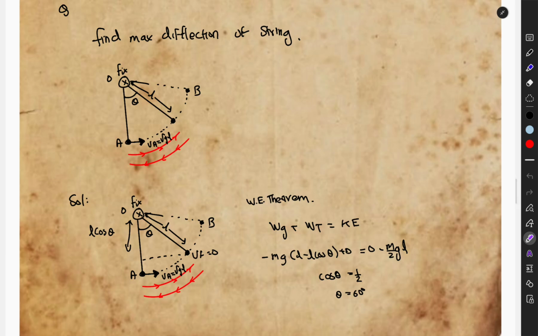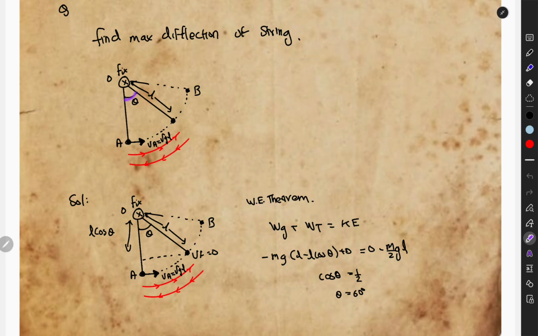And we also need to find the maximum deflection of the string. Let's say a particle is here, okay, and it is released from this point, and it goes like this, right? Like a motion in SHM.